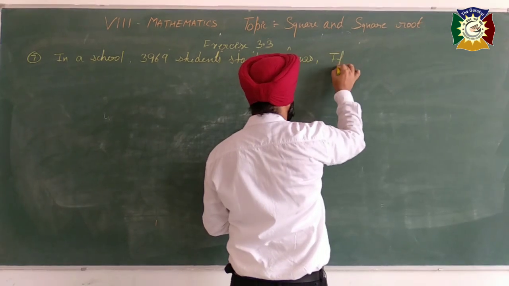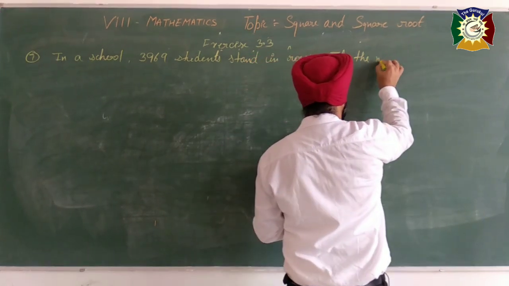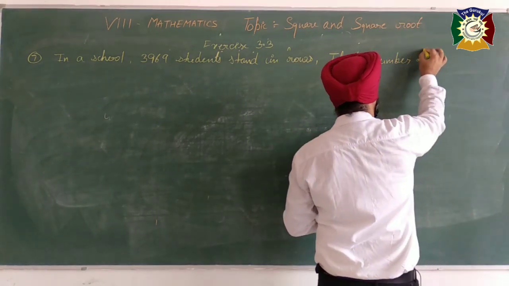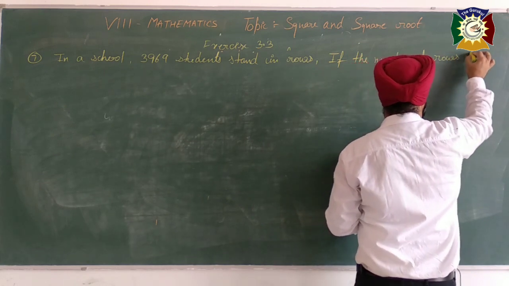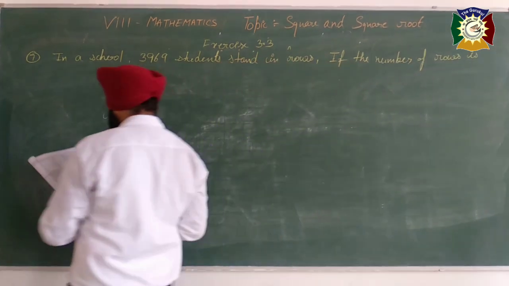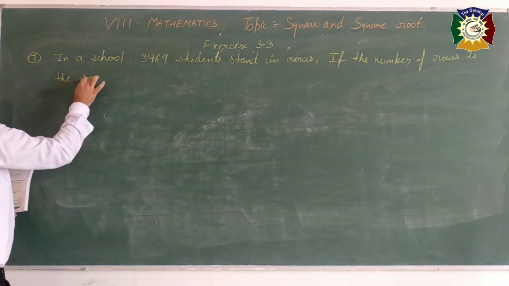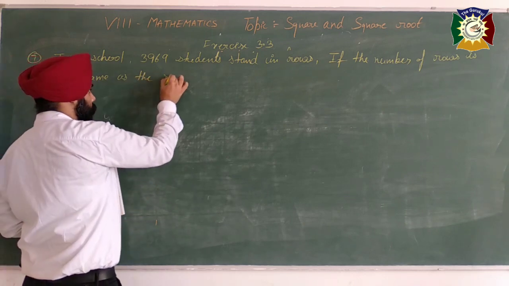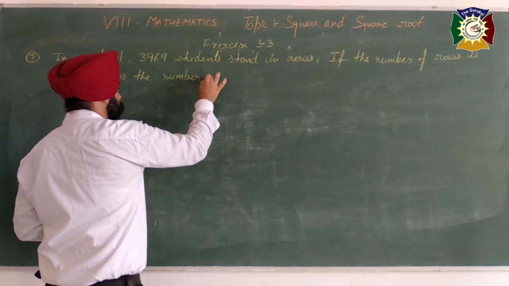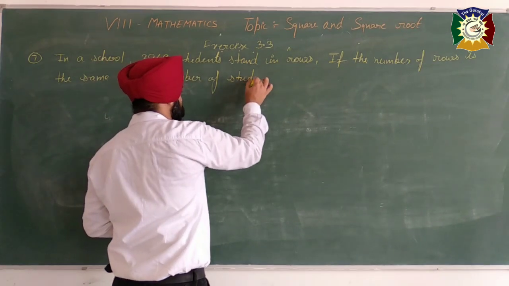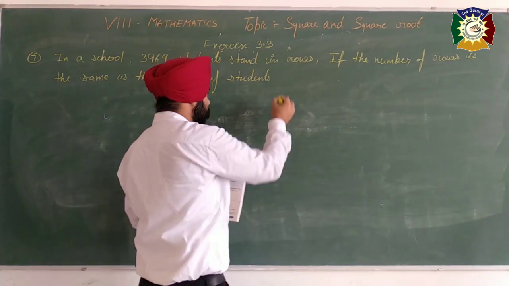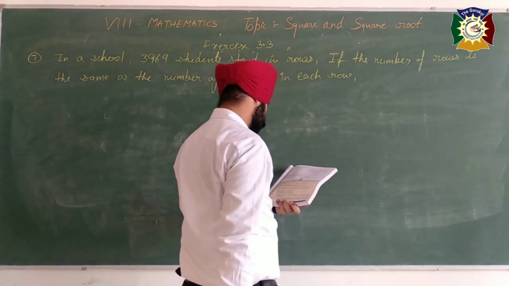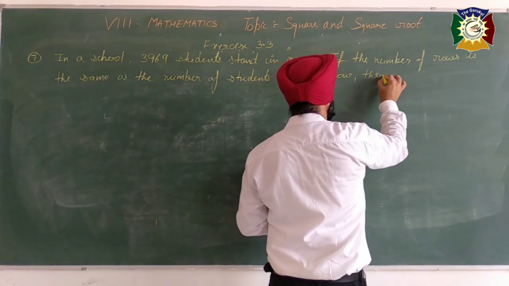If the number of rows is the same as the number of students in each row, then find the number of rows.